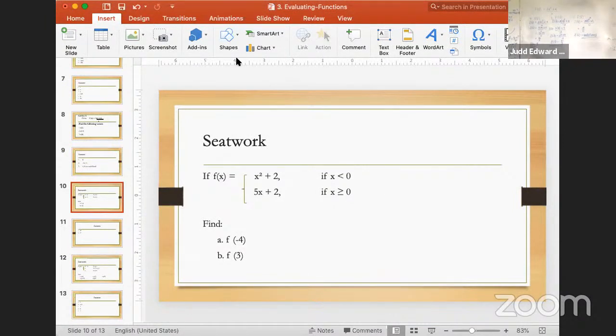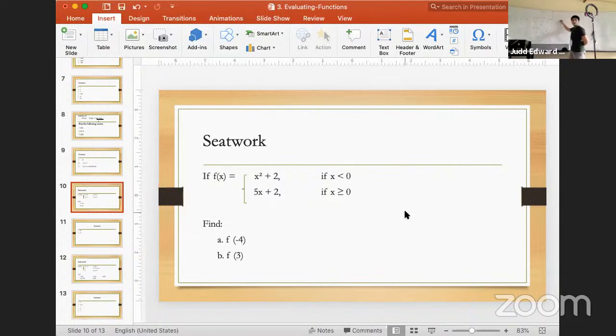So we have here f of x, x squared plus 2 if x is less than 0, 5x plus 2 if x is greater than or equal to 0. So if this is the case, I will just write the given first. Again, this is a piecewise function. So how do we evaluate a piecewise function?